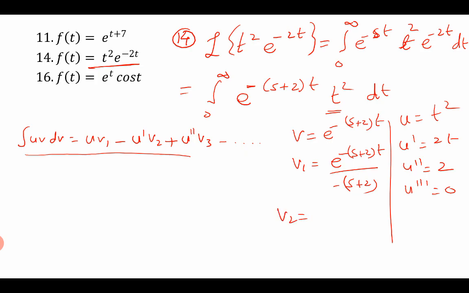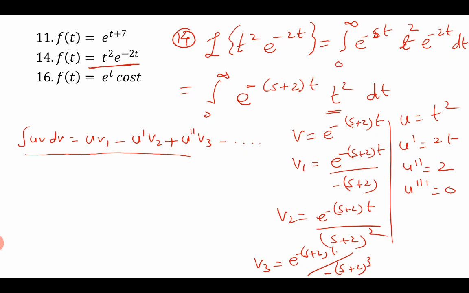Then v2 is e raised to minus (s plus 2) t divided by (s plus 2) whole square, and v3 is e raised to minus (s plus 2) t divided by minus (s plus 2) whole cube. This information should be put in this order and then substitute the upper and lower limits. You'll get the answer you want. The answer is 2 over (s plus 2) whole cube.